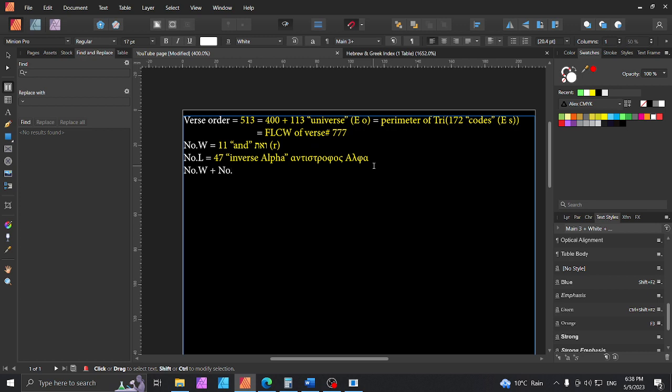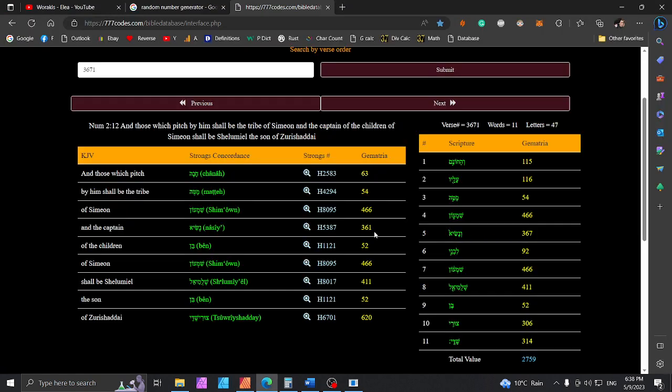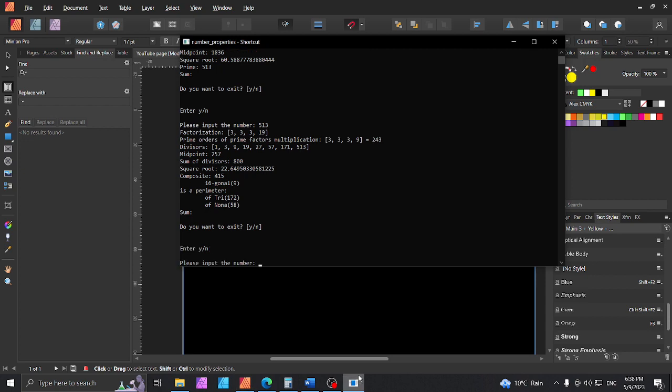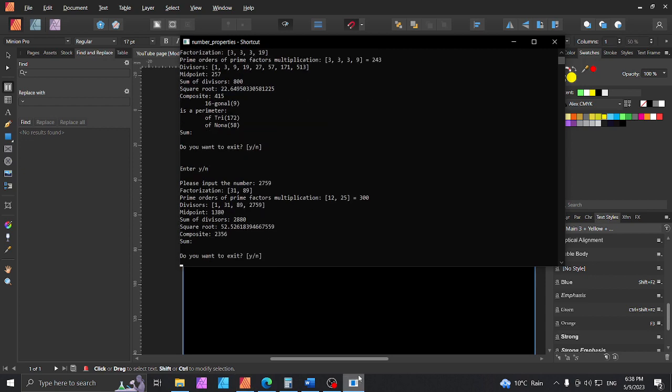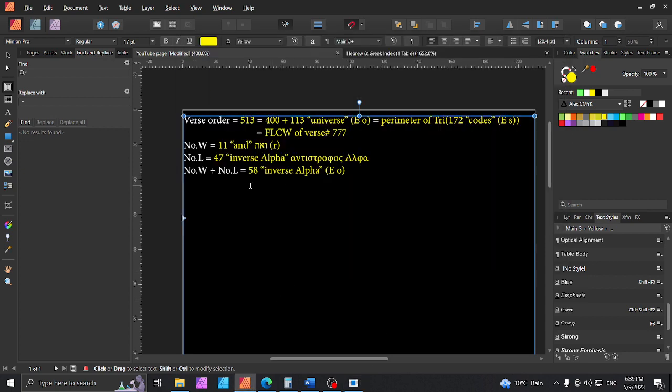Number of words plus number of letters is then inverse alpha. Again, that's how important inverse alpha is. Now I'm pretty sure I know what the total value is.